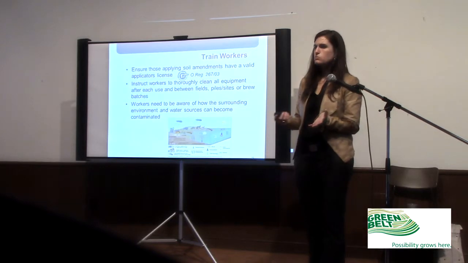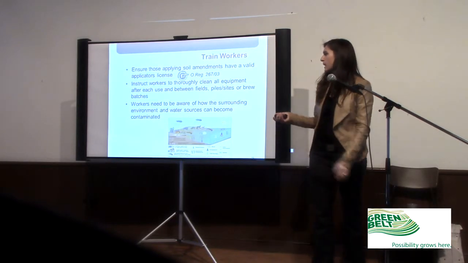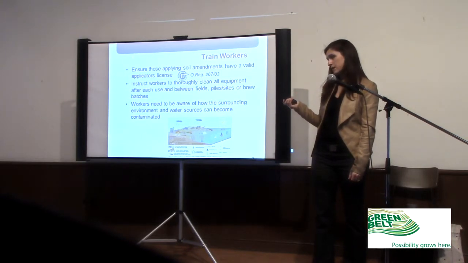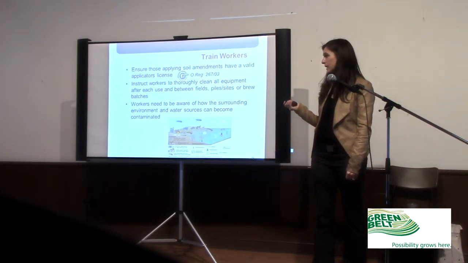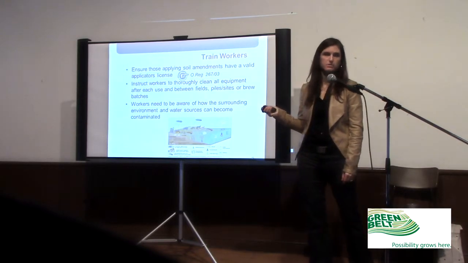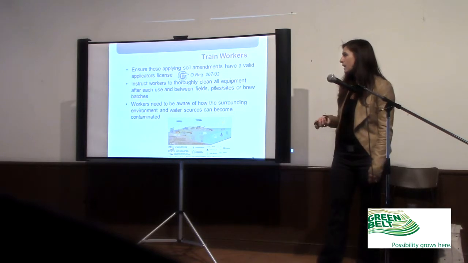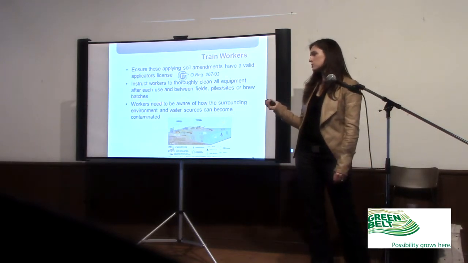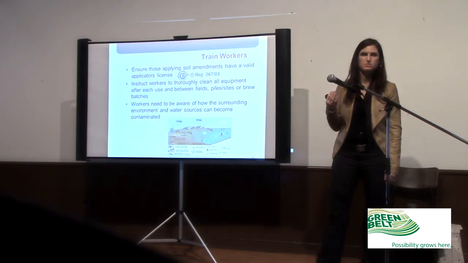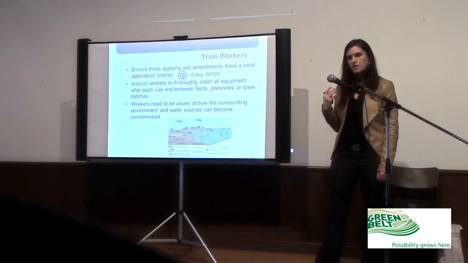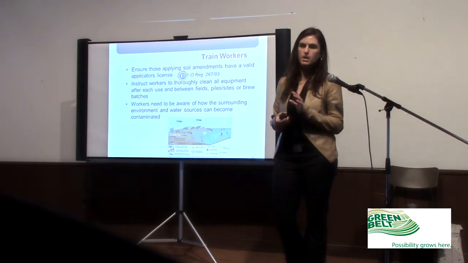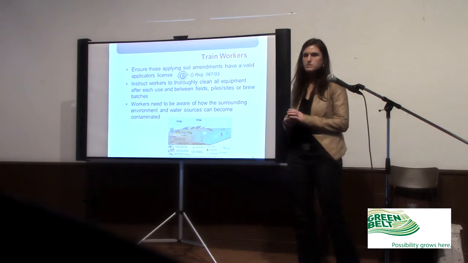So when it comes to training workers or record keeping, if your farm is identified as requiring a nutrient management plan, those that are applying soil amendments need to have a valid applicator's license for that process. Again, you want to make sure that they're instructed and trained thoroughly, because that's a very specific task, and you want to make sure that they're following the proper procedures.